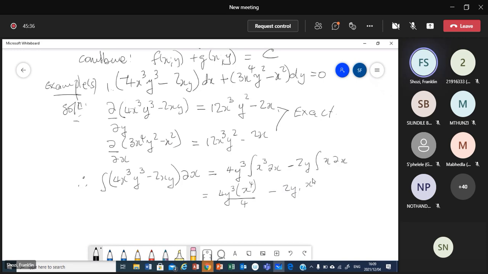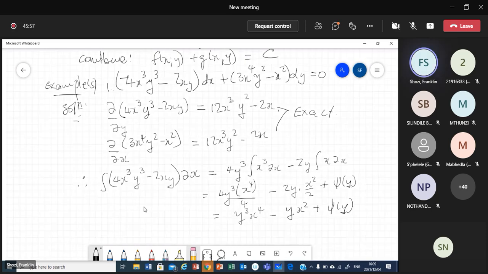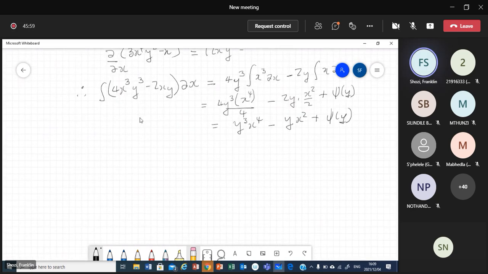What is the integral of x? It is x squared over 2. That gives me plus phi of what? Of y, as a constant. That is the same as y cubed x to the power 4 minus y x squared plus phi of y. I think that will make things simple for you.